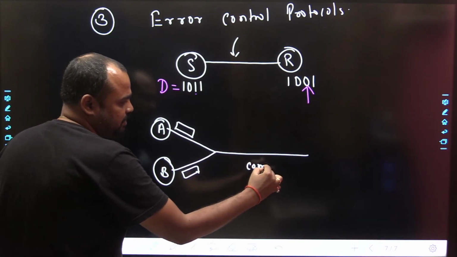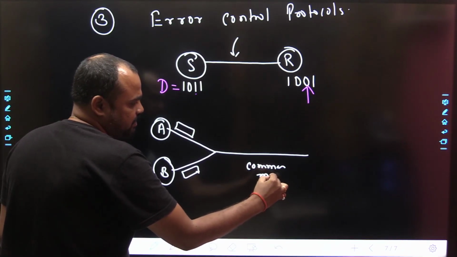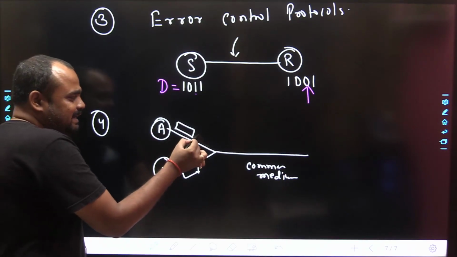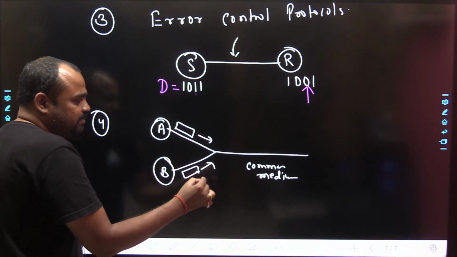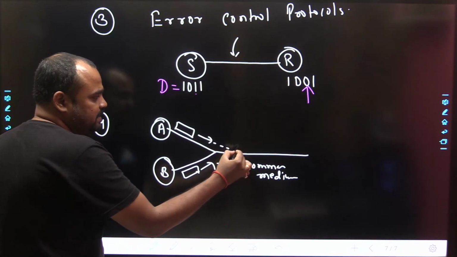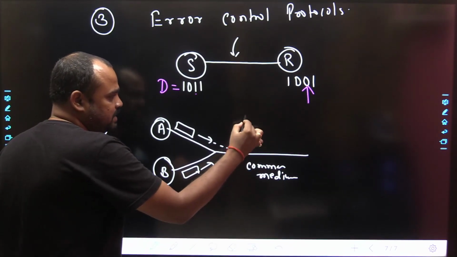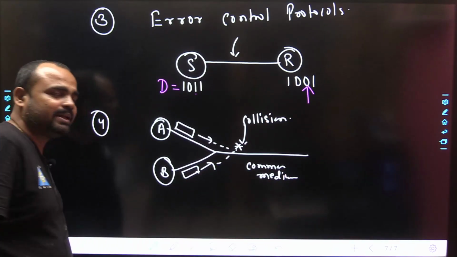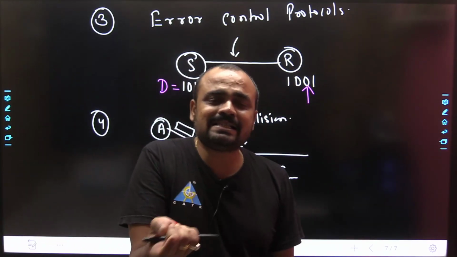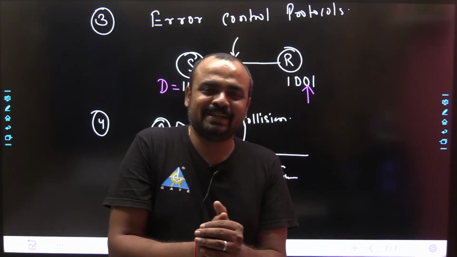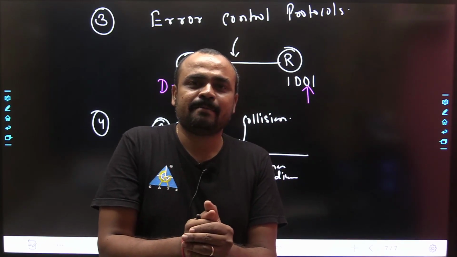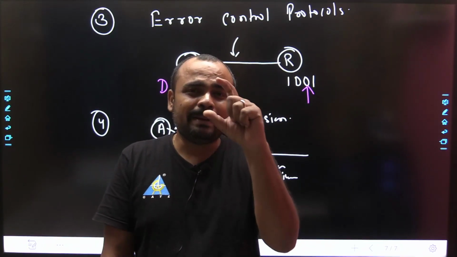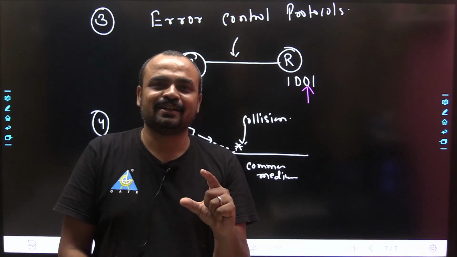This is nothing but a common medium. If more than one node is sending its data frame on the common medium, there is a chance of collision. If a collision happens, definitely the data inside the frame will get modified, meaning changed. Then our ultimate responsibility is to minimize the rate of collision.